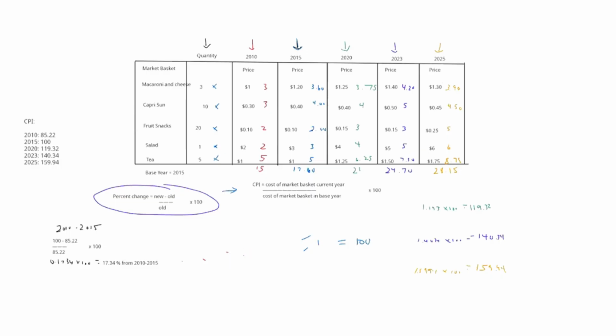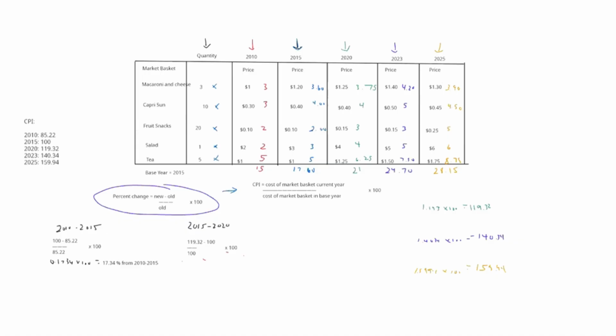Trying to clean this up a bit. So now if we want to do inflation between 2015 and 2020, we would take 2020's CPI of 119.32 minus 2015's, which is 100, divided by 2015's, which is 100, times 100.